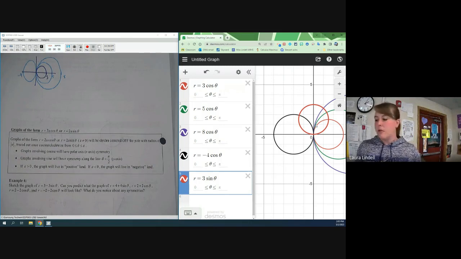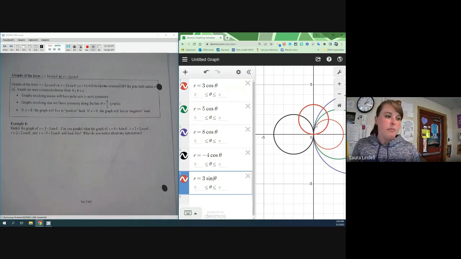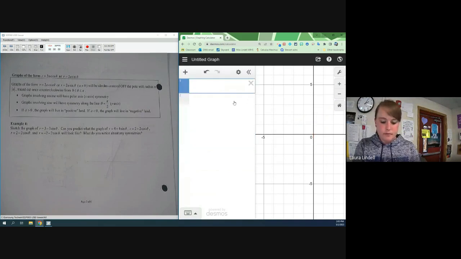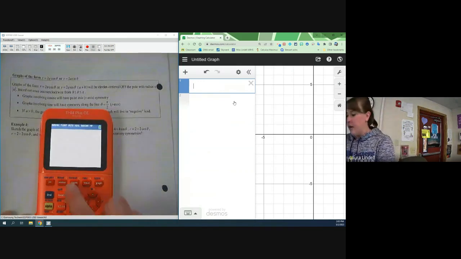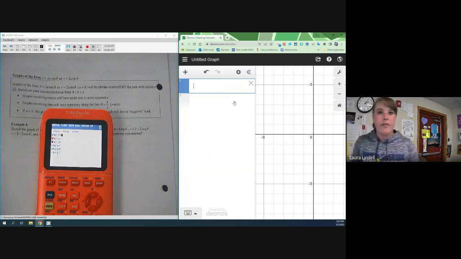Another common polar graph is going to be things that take the format of the ones in example 4. So let's get some new graphs going here. Also, if you're graphing things on a TI calculator, real quick, if you go to mode, make sure that you're in polar mode and radian mode, and then go to y equals, and you can also graph things in terms of r and theta there.